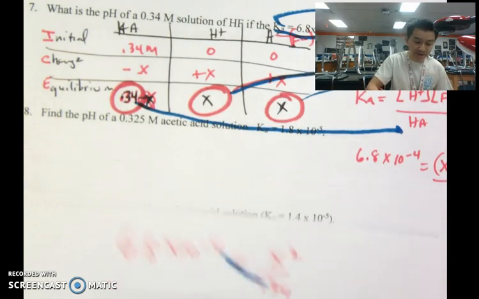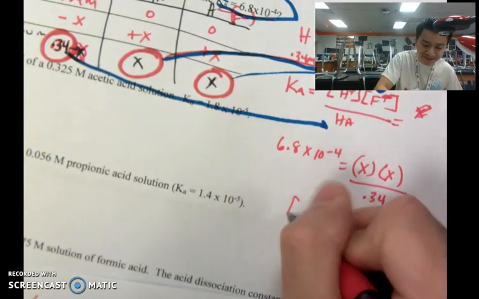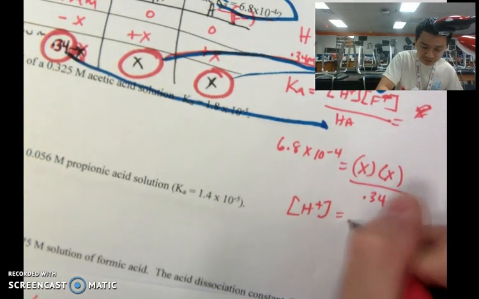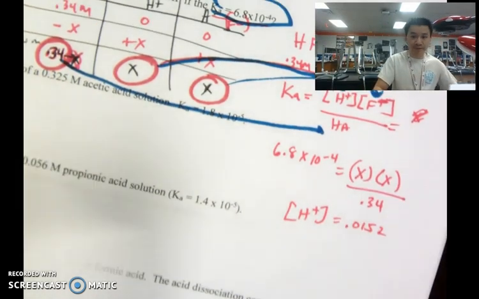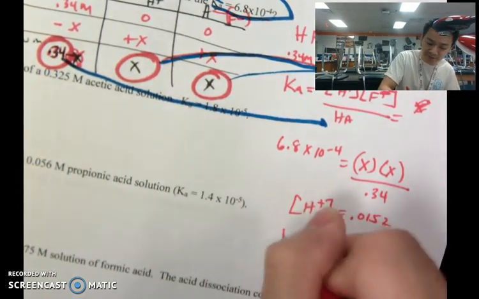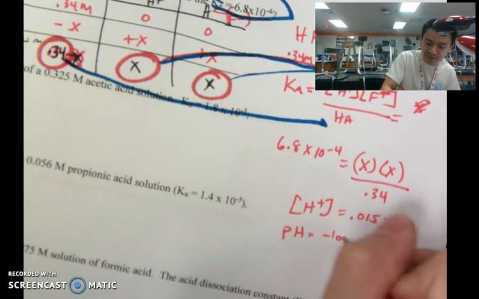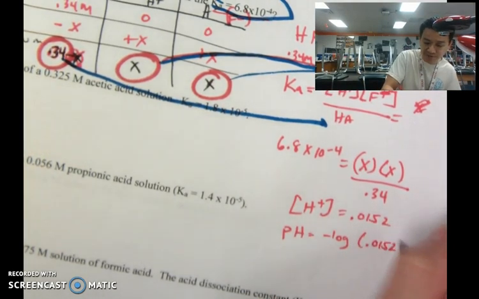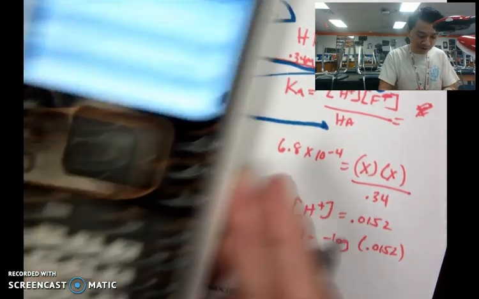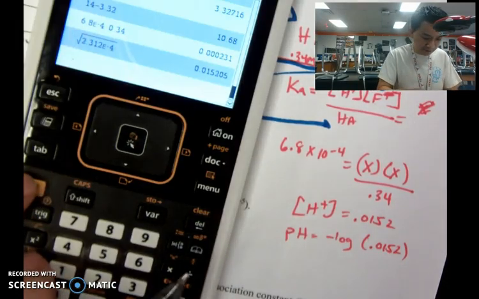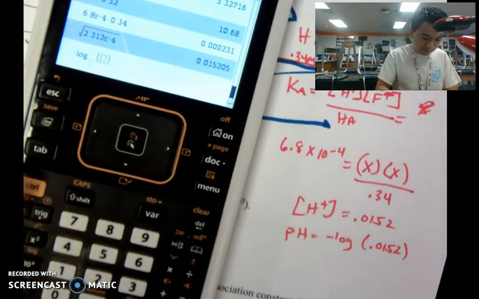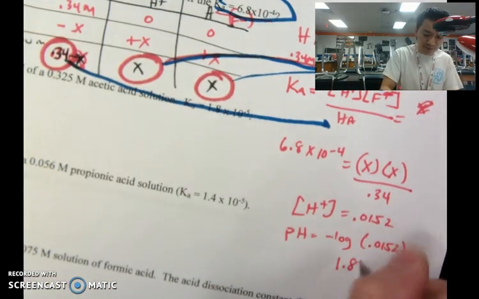X is the H plus concentration. So now H plus is 0.0152. And now you can find the pH. pH is equal to negative log of 0.0152. Take the negative log of that, and you get 1.81. 1.81 is the pH.